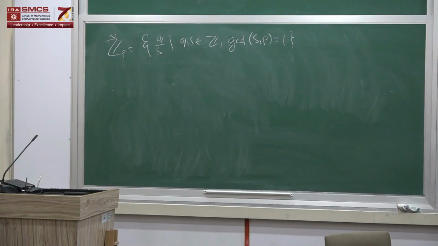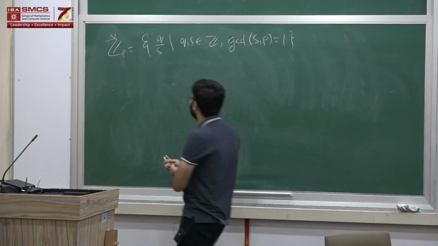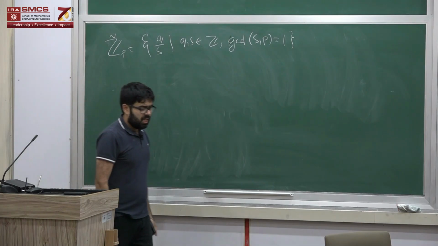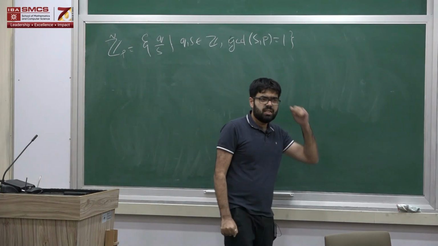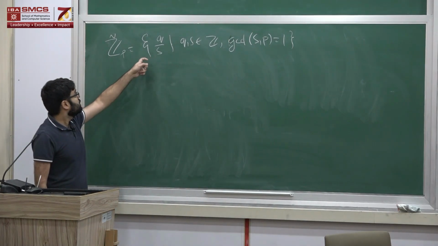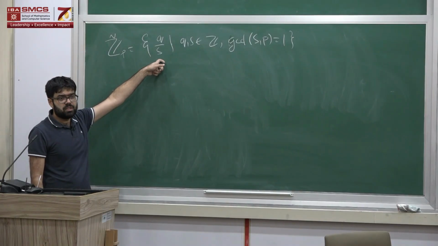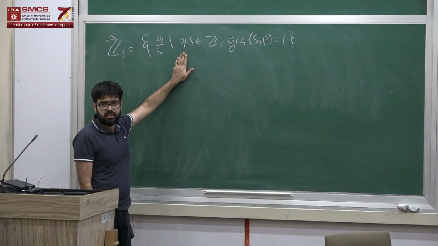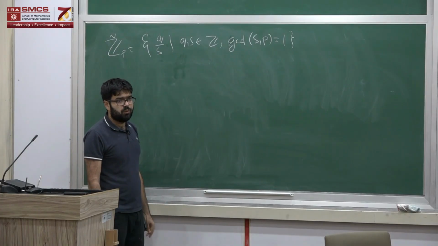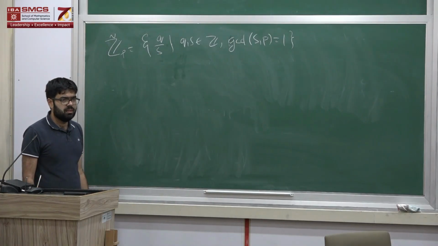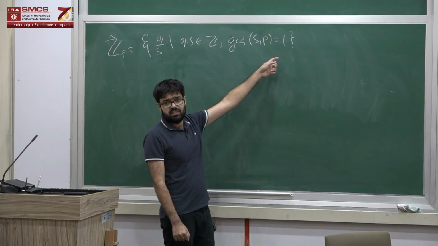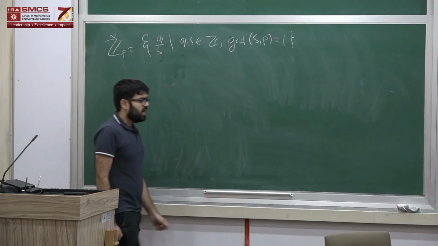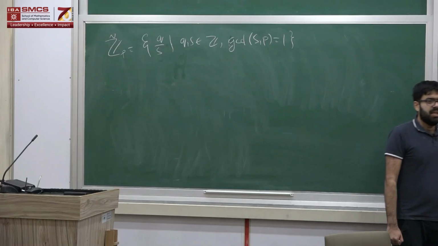This looks almost like what we did when we defined rational numbers. Those were two-tuples of integers, and there was a relation. That relation is still there, because I am writing this q over s as a rational number. The only new thing is this GCD of s and p is 1, and what it says is I do not want any factor of p in my denominator.